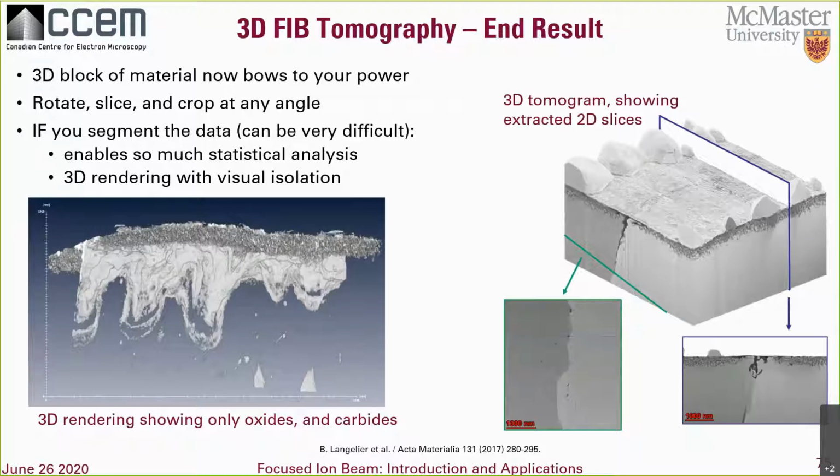If you get there, you can apply all sorts of statistical analysis in 3D to quantify various features and identify ways in which different features interact or change across the volume. You can visually isolate or remove features to highlight the more interesting parts, again in 3D. But it's not so easy to get there.